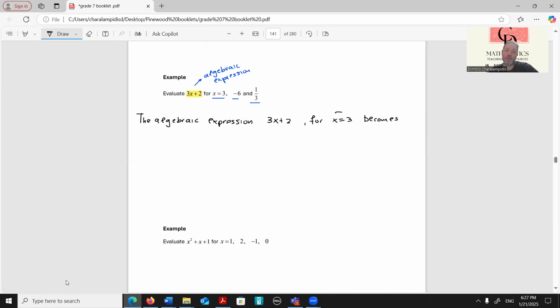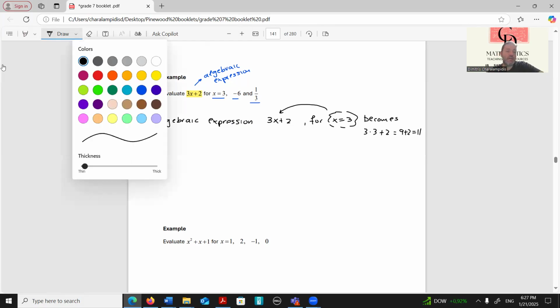I should take that number x equals 3 and substitute that instead of x. So for x equals 3 it should become 3 times 3 plus 2, which is 9 plus 2, which is equal to 11. So the numerical value of this for x equals 3 is 11.